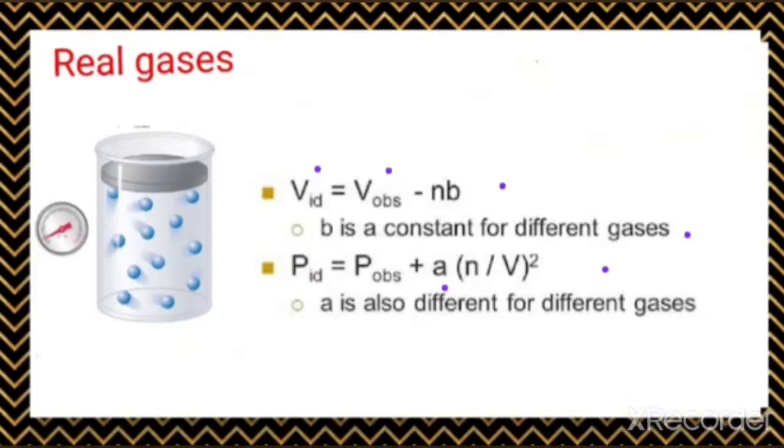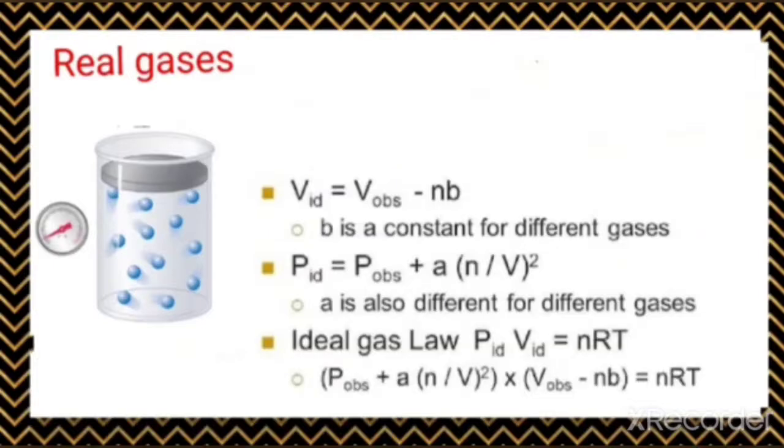When you combine these equations, what is the ideal gas equation? PV is equal to nRT, that is for the ideal case. That is, P ideal times V ideal is equal to nRT. In place of P ideal, we'll put this equation, and in place of V ideal, we'll put this equation.